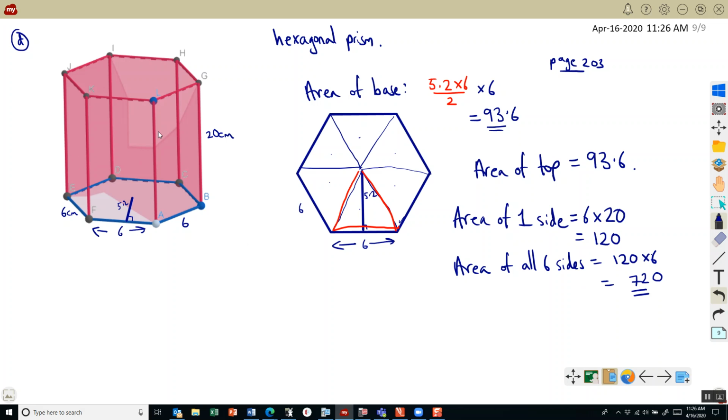So I've got the area of all 6 sides, I've got the area of the base, I've got the area of the top, so the total surface area is equal to 93.6 plus 93.6, so that's the base and the top, and then all 6 sides, that's 720.